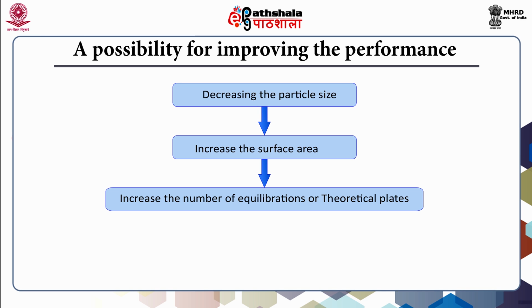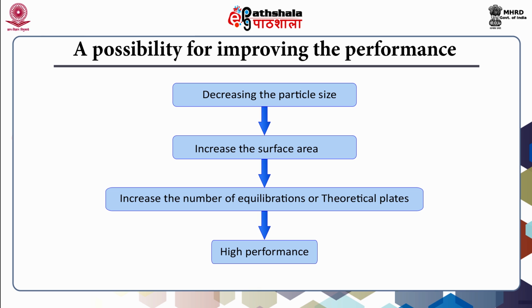So, increasing the number of equilibrations leads to effective separation of the molecules with great resolution and other chromatography performance parameters. So, finally what happens? By decreasing the particle size, the performance of chromatography will be increased. So, this is one possibility to improve the performance of the chromatography.